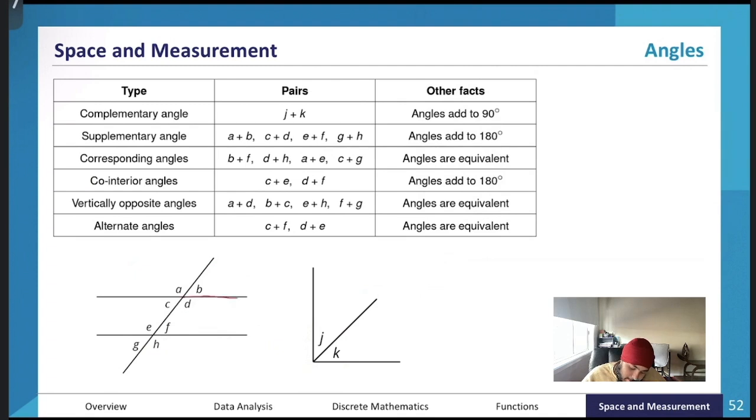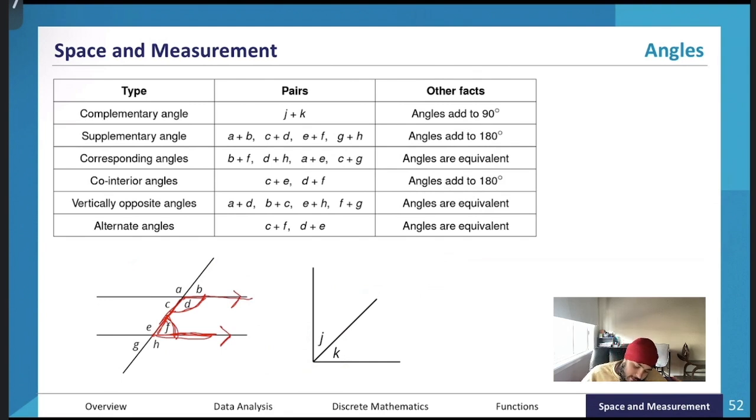So when you have, again, parallel lines, if you can draw a C like this, the angles that form this C, it has to be parallel lines though. So don't forget that, it has to be parallel lines. But when you can form a C, the angles that are in the C always add up to 180 degrees. Okay, so they're co-interior angles. They always add up to 180. So if you know D, you can work out what F is.